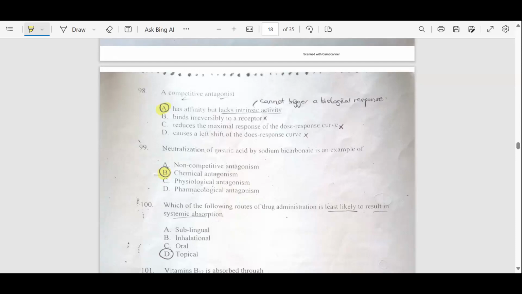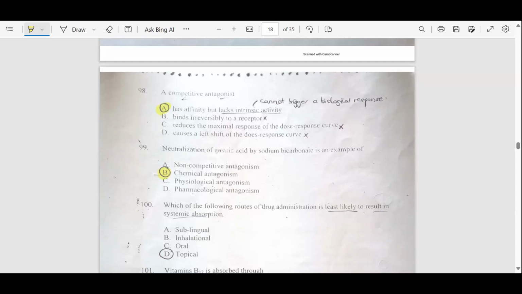Then the last part is about competition, which I believe is the fourth time we're talking about it. Competitive inhibitors or competitive antagonists, right?